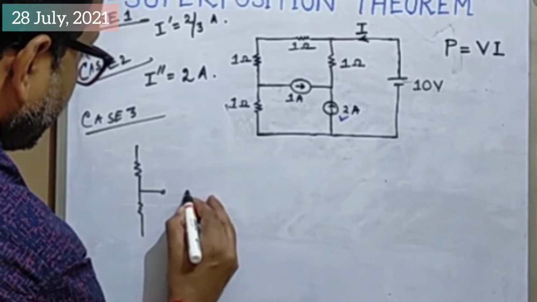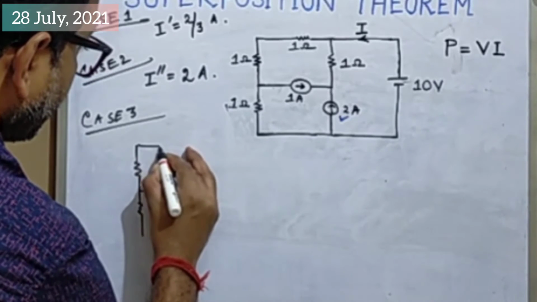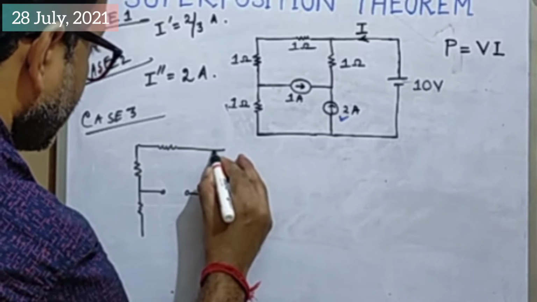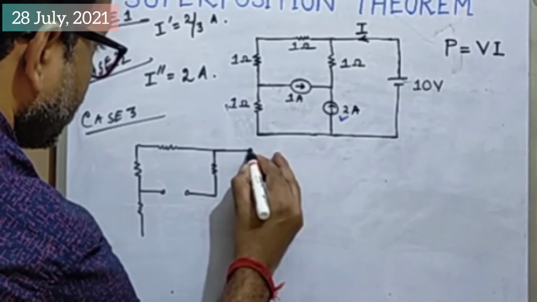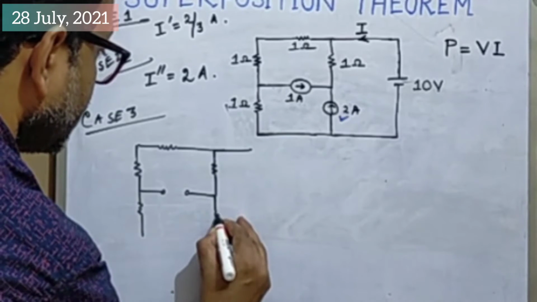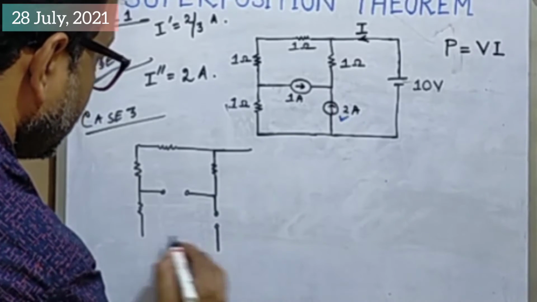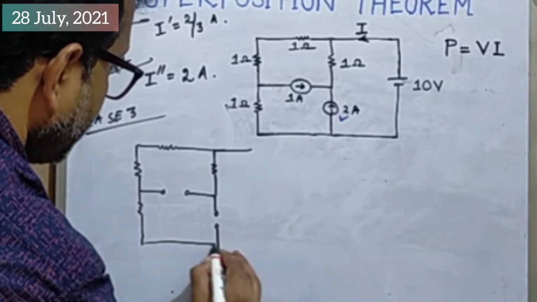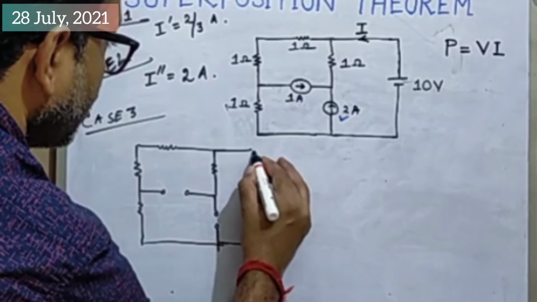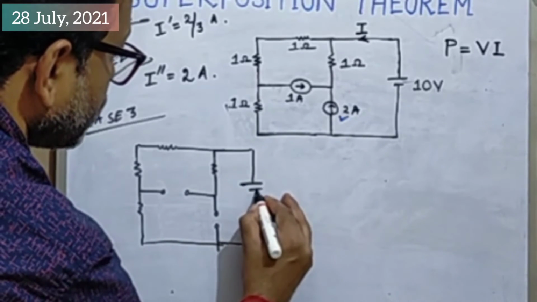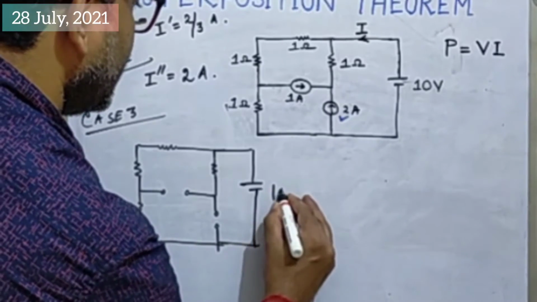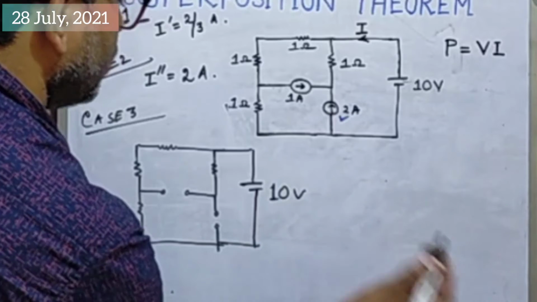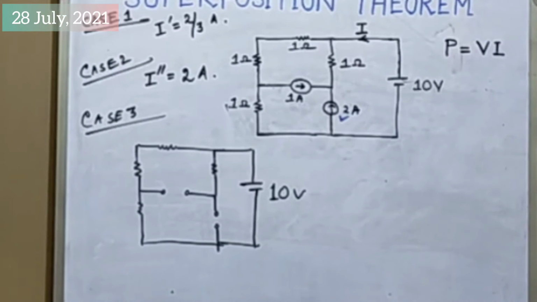There is open, this side is also open, and the only driving source is the 10 volt voltage source. Clear?